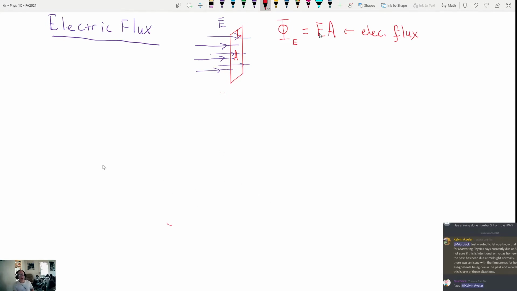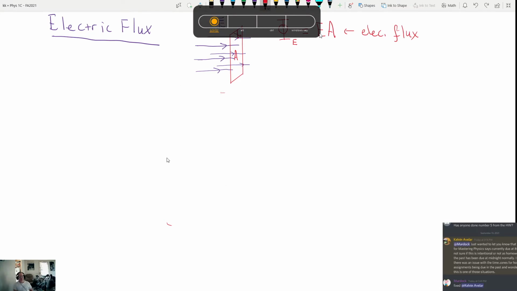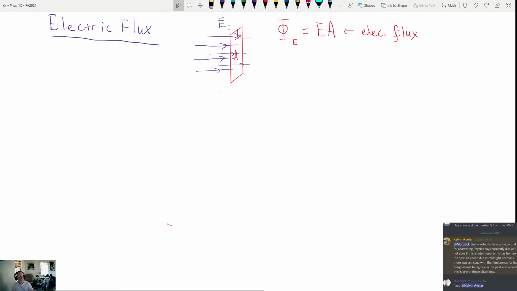But you may ask, what happens if that sheet isn't perpendicular? What if the sheet is shaped in such a way that it's sideways? So let's take our field lines. Okay, it didn't let me copy all of it, but I can delete some of this stuff.